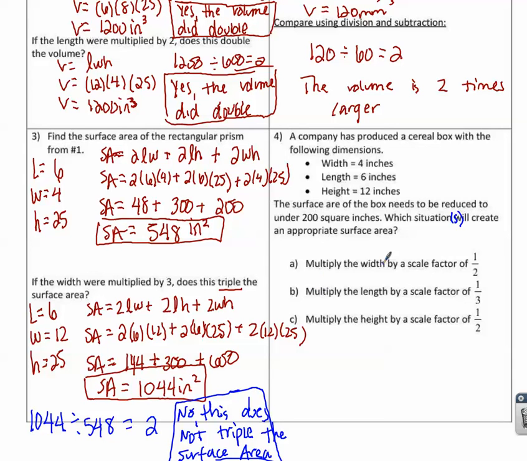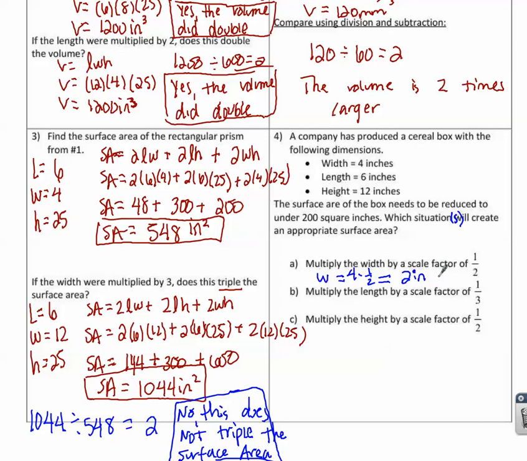So if you were to multiply the width by a scale factor of 1/2, remember, multiplying by 1/2 is the same thing as dividing by 2. So half of 4 for the width is going to give you 2.